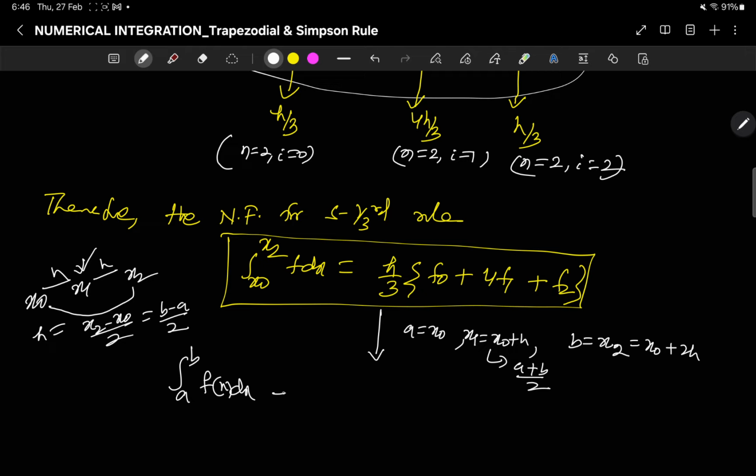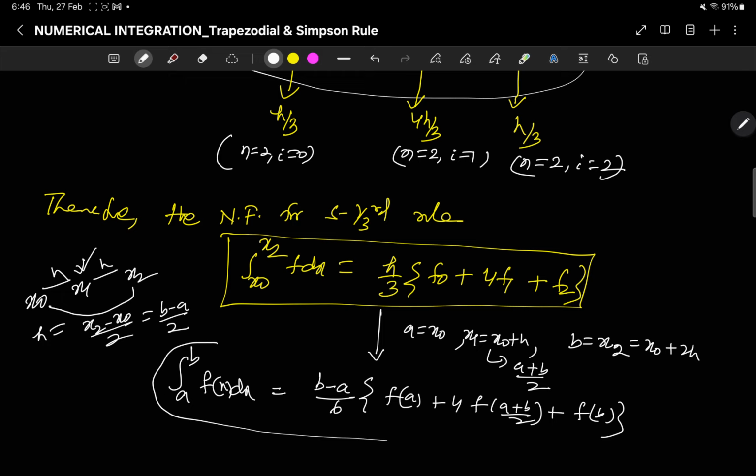So it will be (b minus a) by 6 times [f of a plus 4 f of (a plus b) by 2 plus f of b].